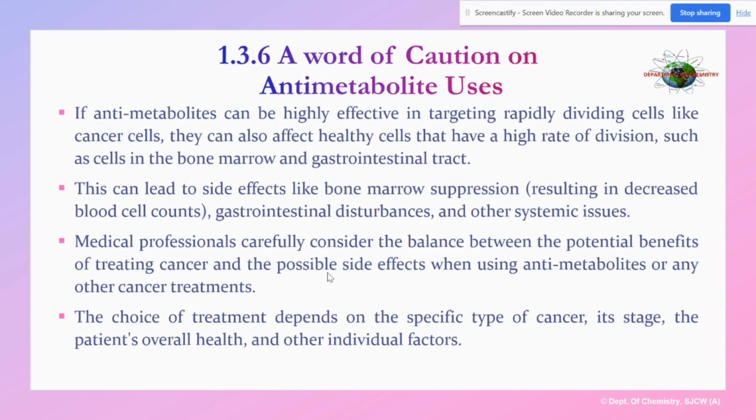So, the word of caution is that antimetabolites need to be used carefully because they can also adversely affect fast replicating healthy cells. If the replication in healthy cells is also retarded or suppressed, it can lead to dangerous side effects.